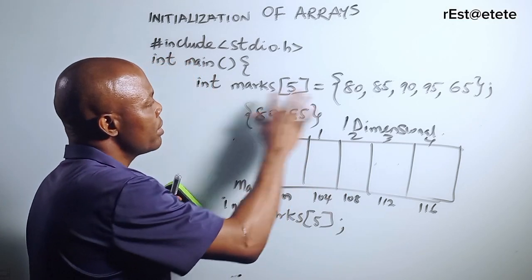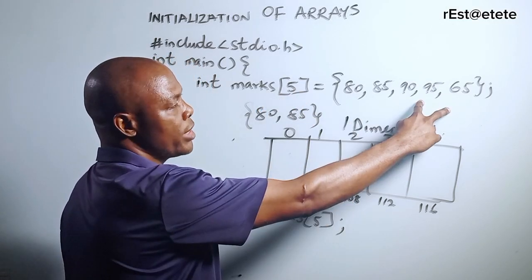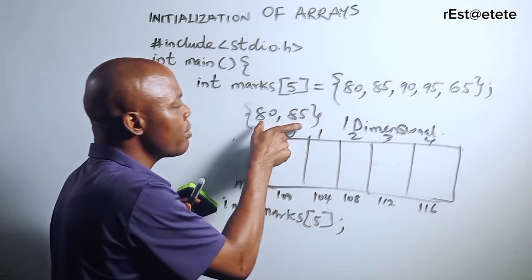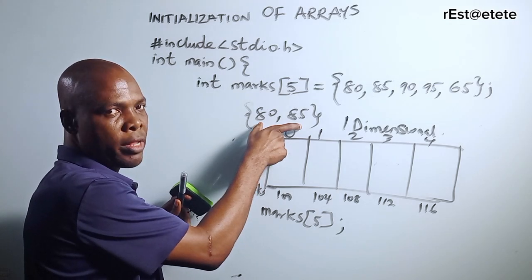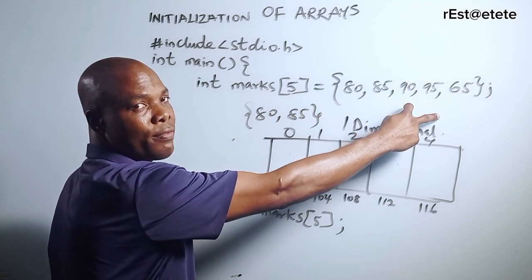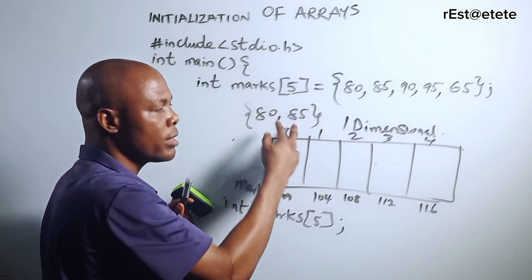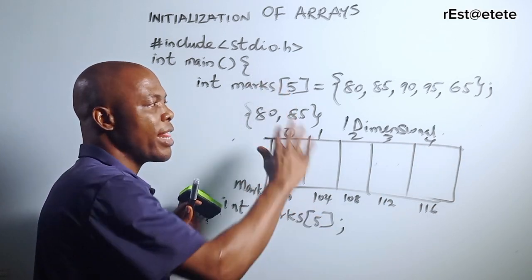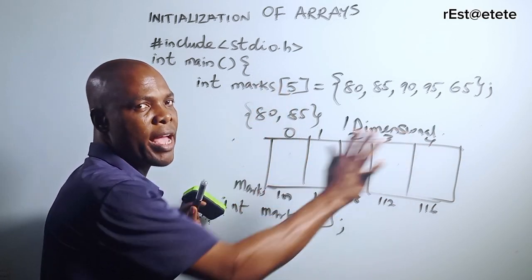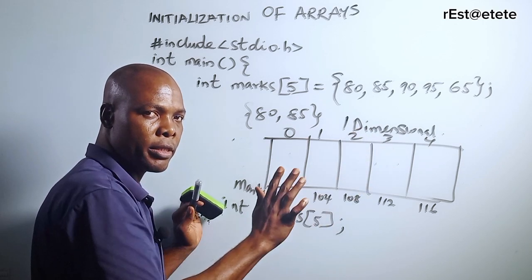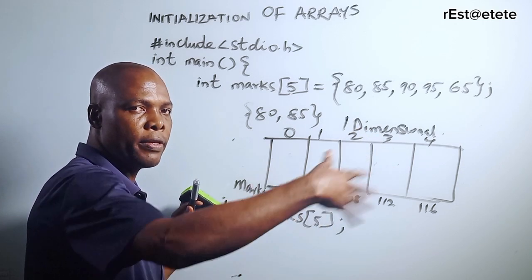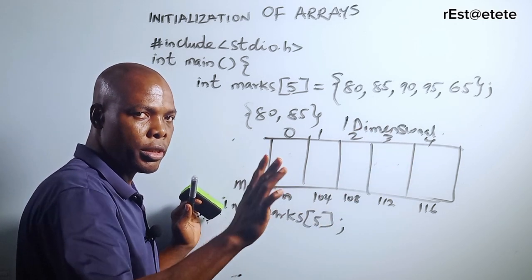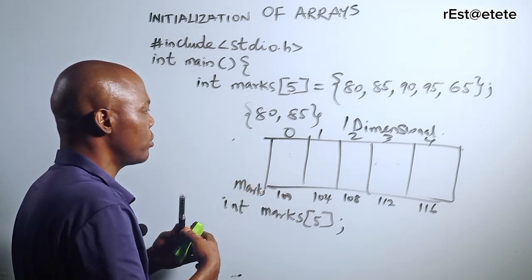If I give a smaller number of values, meaning I'm supplying only 2 elements, it will assign 0 to the other ones. But if I declare an array and I don't assign a value to it, it will give me garbage values. It will only assign the space, just like a field with grass growing on it, right? That is what I want to show you.